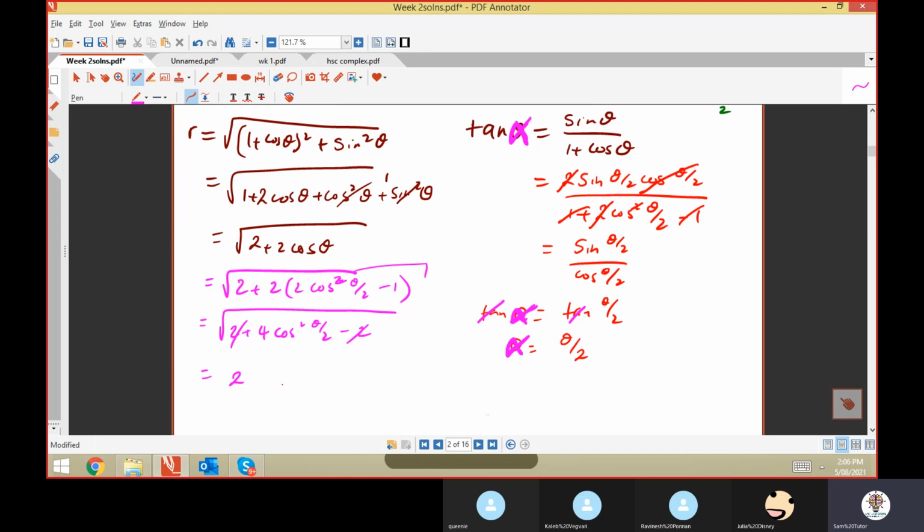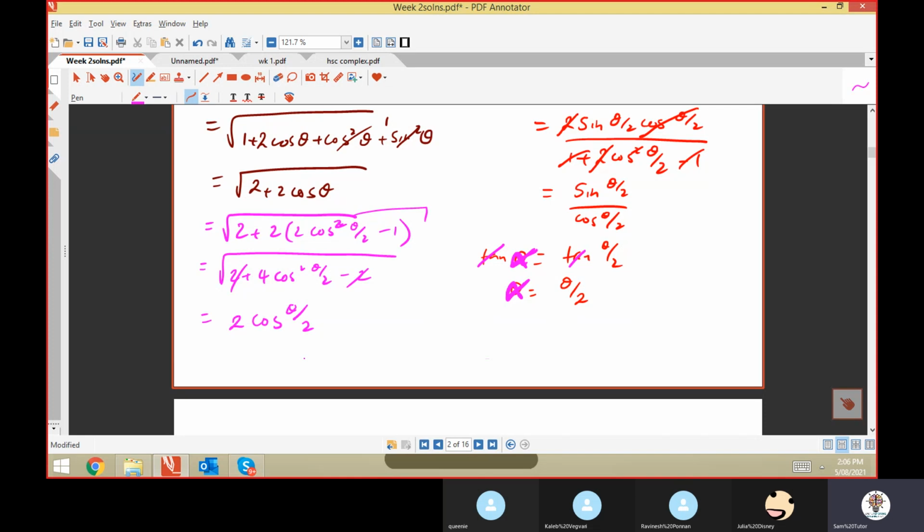What's the square root of cos squared? Hey, that actually worked out nicely. So the answer is R cis theta on 2. Or in the other form, exponential form, R e to the i theta on 2.